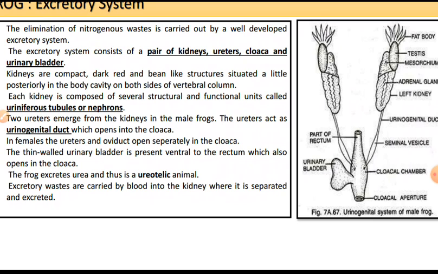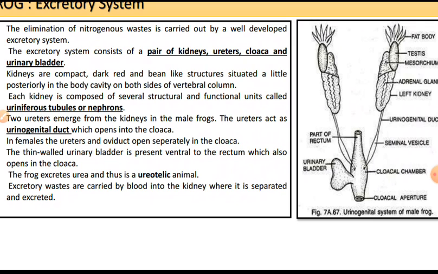These two ureters enter into a thin-walled urinary bladder, where the excretory material is stored for a short period. It is present ventral to the rectum, and this urinary bladder also opens into the cloaca.